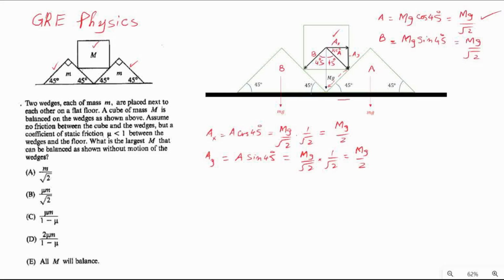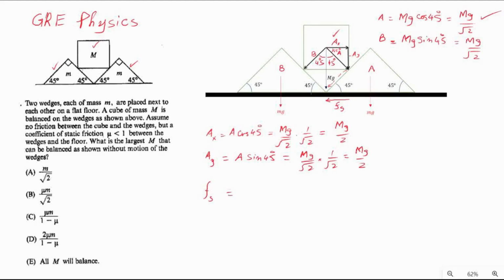We denote it by Fs. So let us equate the magnitudes of these forces acting on wedge A. Let us first write down the magnitude of the static frictional force Fs.